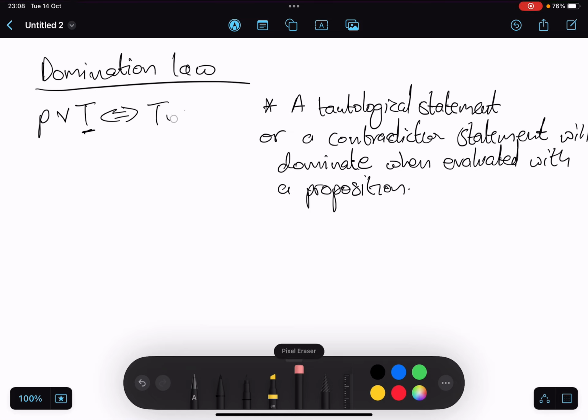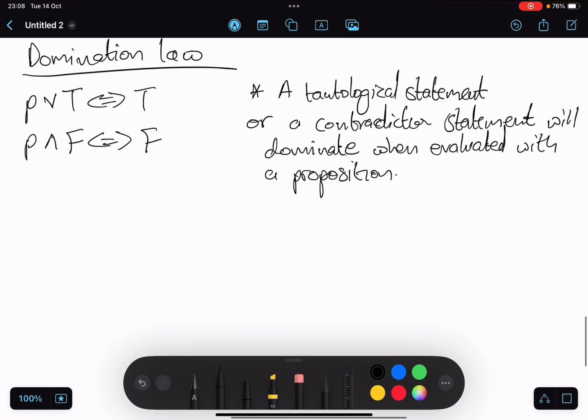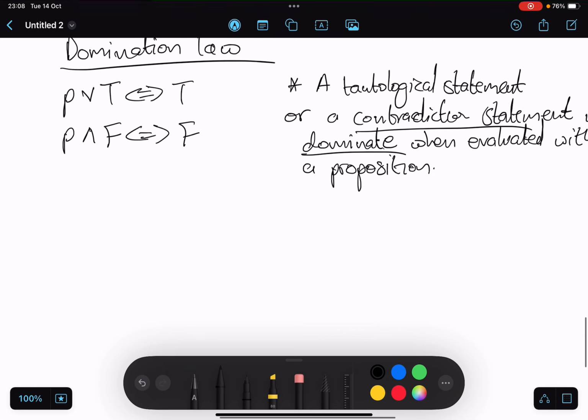That's why it's logically equivalent to T. Or if we are saying P and F, it is logically equivalent to F, because the contradiction statement is going to dominate, isn't it? So this is the domination law.